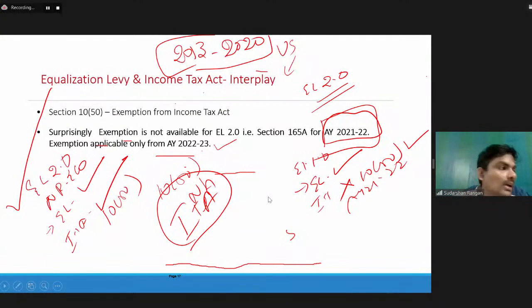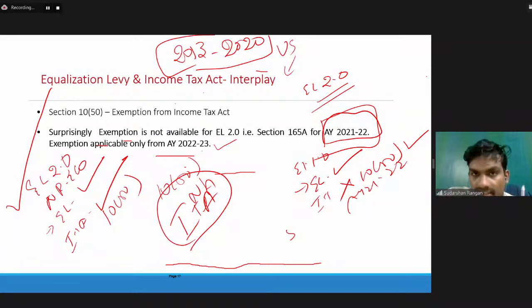So with this, I will stop. Let me just give a quick recap of the second leg of equalization levy, which is for non-resident e-commerce operators providing e-commerce supply or services of goods and services. If it is for resident buyers, equalization levy at 2% will come.